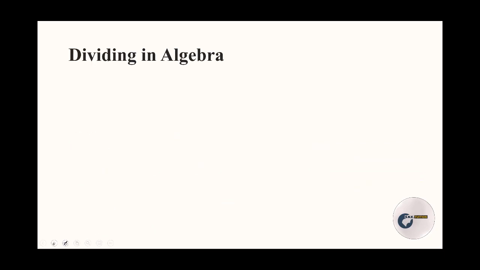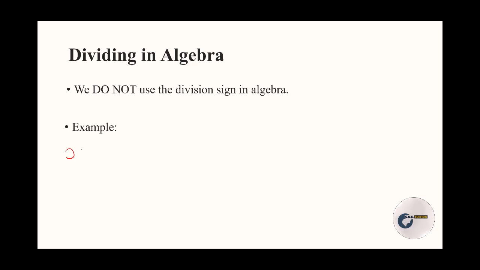Dividing in algebra. So again, just as we don't use multiplication signs, we do not use the division sign in algebra. Instead, I'll give you an example. If we wanted to write x divided by 3, we would instead write this as x over 3. So we write it like a fraction, basically, and we're not using the division sign.